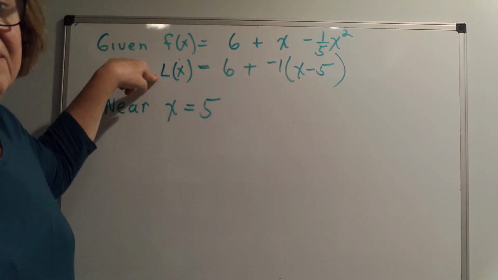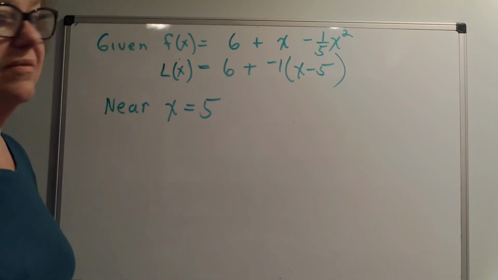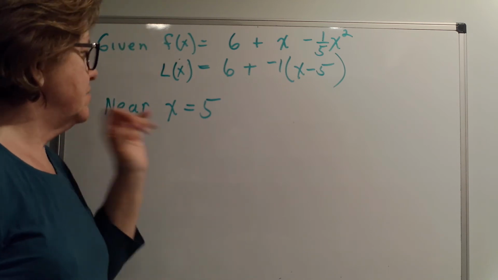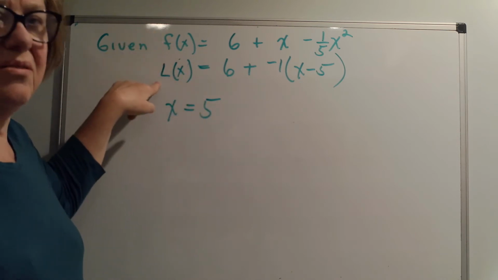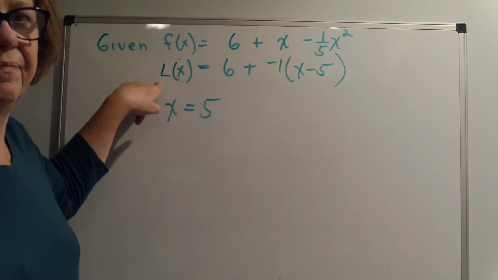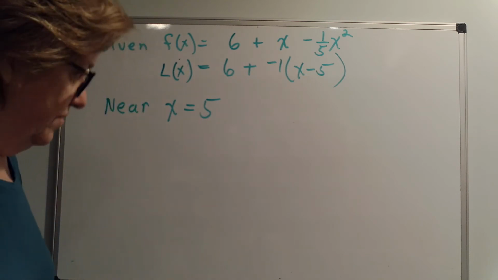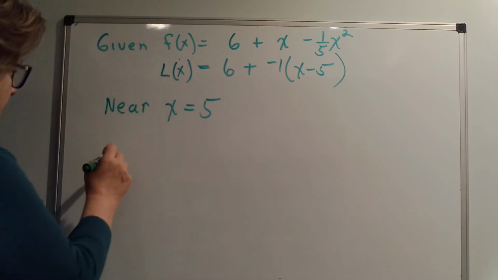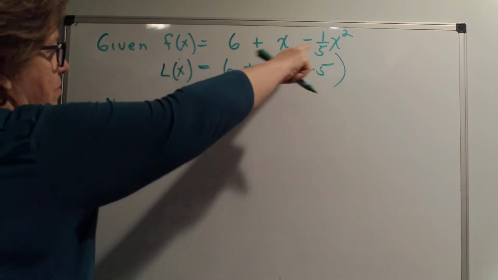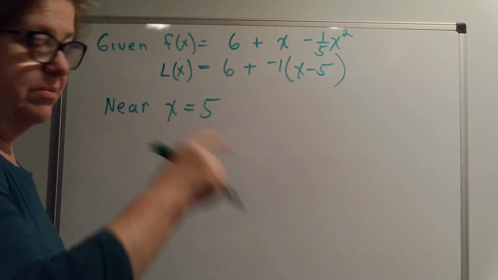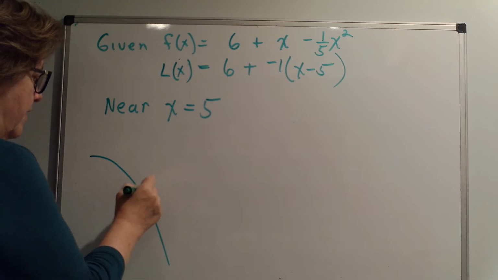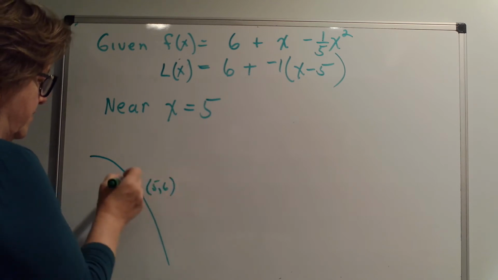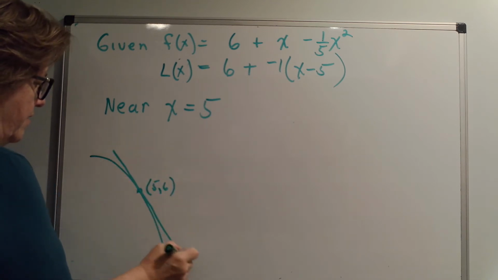This L, linear approximation to this. Okay, so near x equal to 5, this and this are approximately the same. In other words, if we draw a picture, the original function is a parabola going down, and here's the point (5, 6). Here's the line.